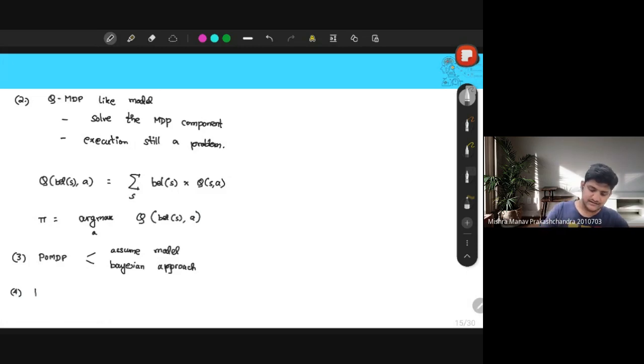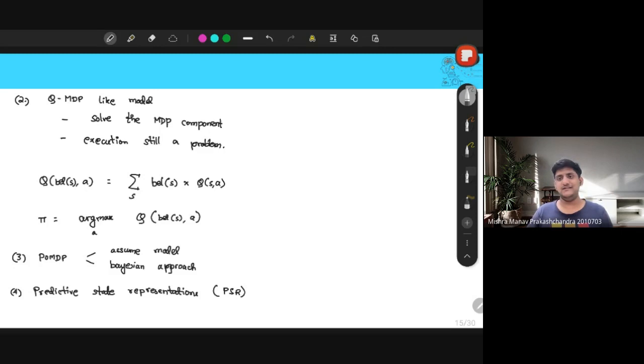Lastly, he mentioned something about the predictive state representation. This also wasn't covered in the class. You should probably read it from the paper which is linked in the video description. These are the PSRs. So these are typically the four methods people use to solve POMDPs.